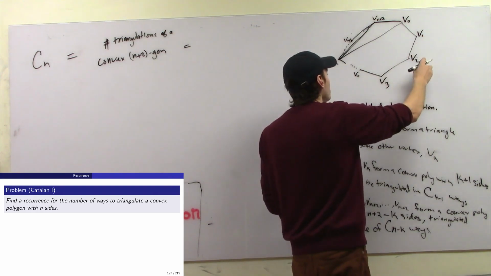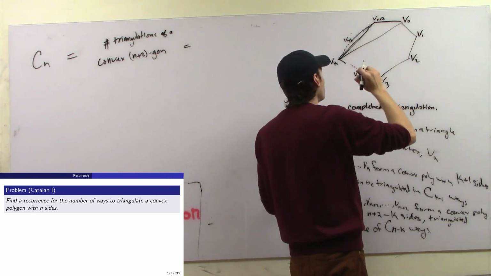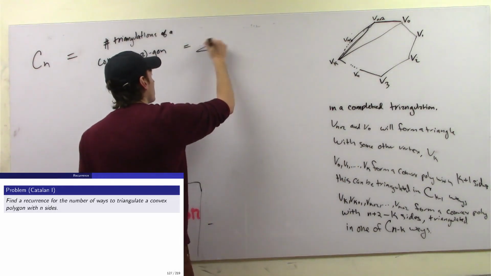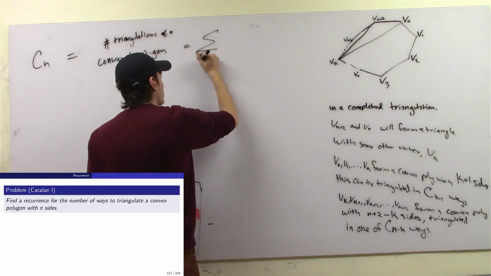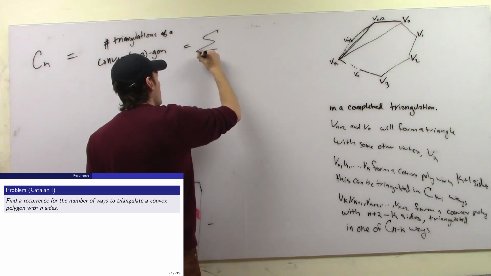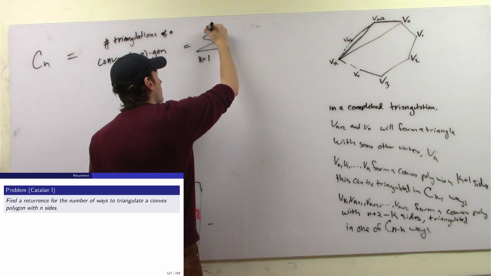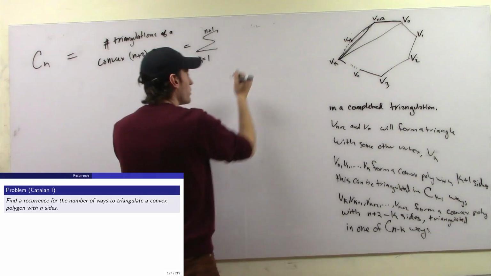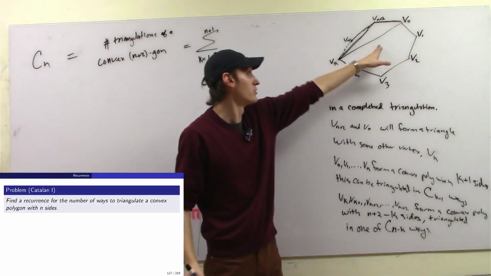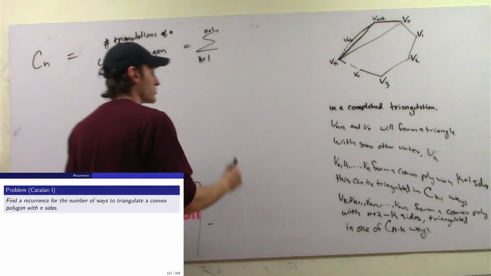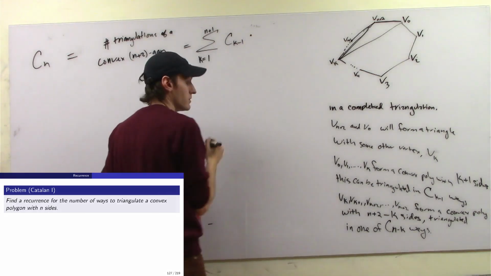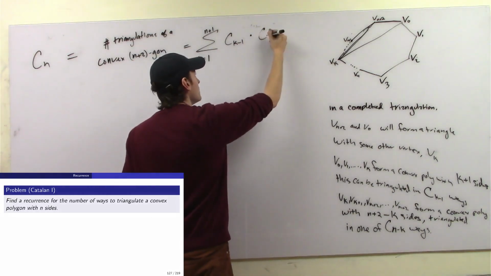It could be V1, V2, V3, V4, V5, all the way up to V sub n plus 1 equals the sum over the cases, k equals 1 up to n plus 1 of the number of ways to fill out a triangulation with V sub k being the partner. So that should be C sub k minus 1 times C sub n minus k.